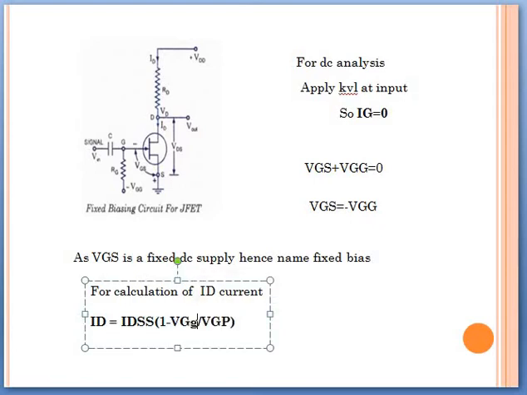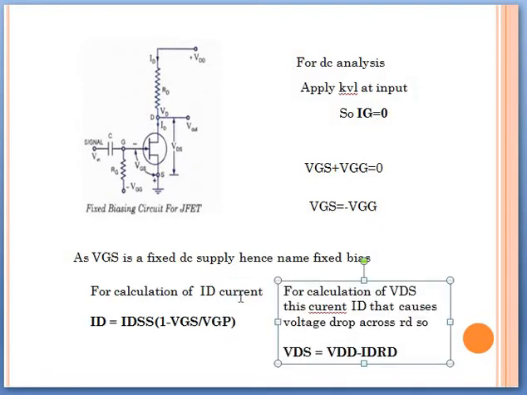Here the square will be there, where ID is equal to IDSS into (1 minus VGG by VP) whole square.